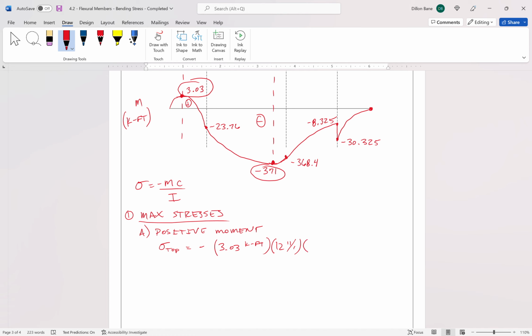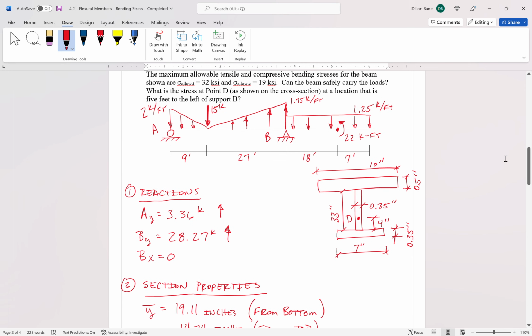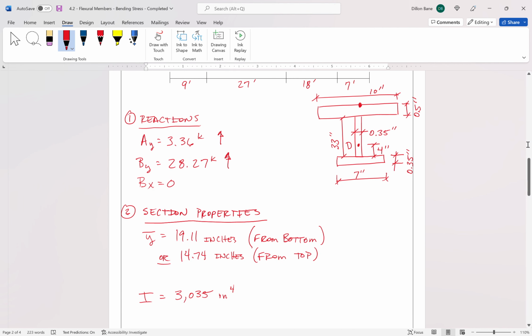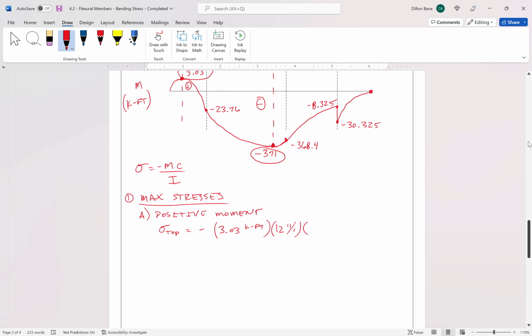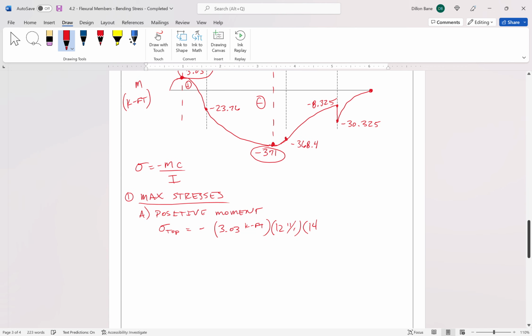We need to have our C value, right? We're looking at the point at the very top of the beam, so we need the distance from the neutral axis to the top of the beam, which we've already said was 14.74. So C becomes 14.74 inches.